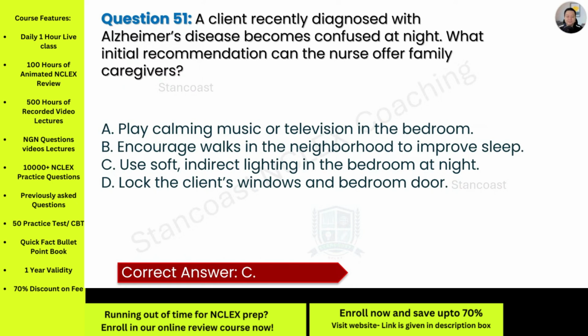So you have to avoid those solutions that will not address the core issue, especially like walking. Said here about walking in the neighborhood to improve sleep. This is only beneficial for general health, but specifically will not mitigate nighttime confusion.